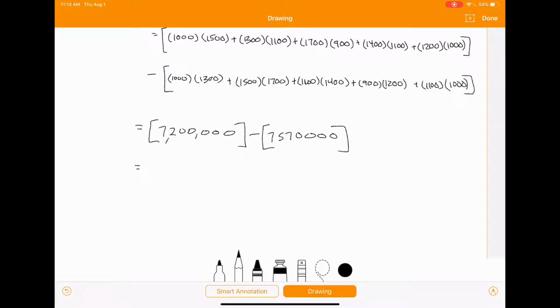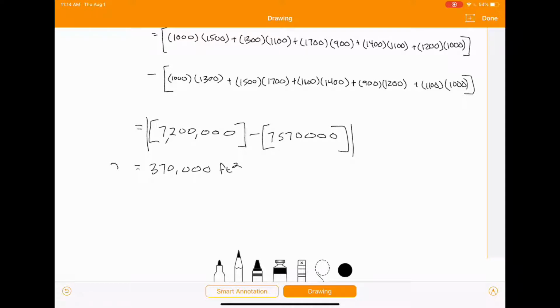So you take the difference of those two, you can just plug that into your calculator. And the absolute value of the difference is going to be 370,000 feet squared.